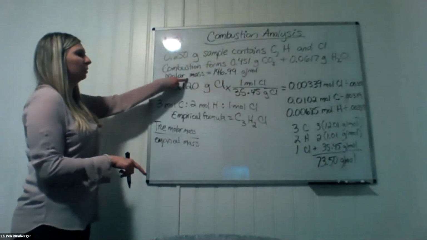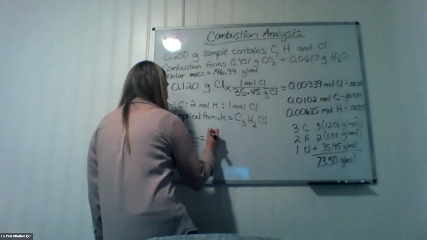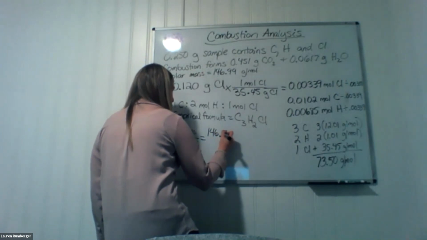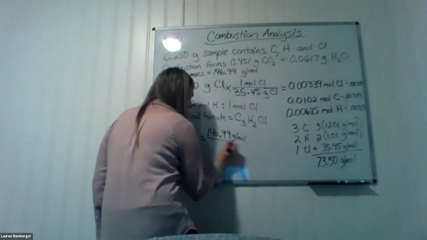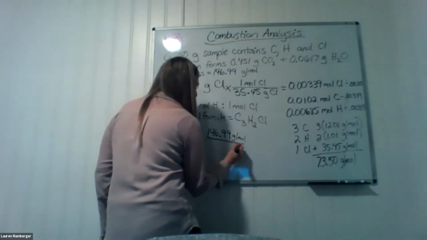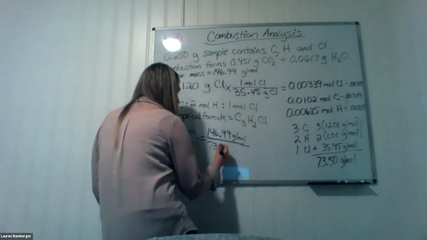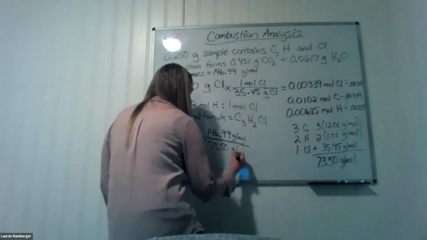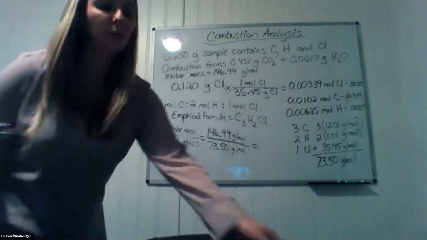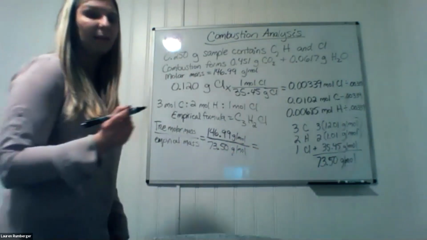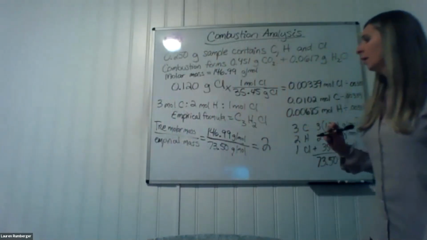The molar mass that was given is 146.99 grams per mole divided by 73.50 grams per mole is going to give you the whole number factor to be equal to 2.